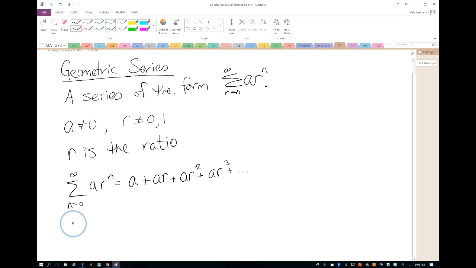So this series converges if the absolute value of r is less than 1. And it's pretty easy to see why. If we have any hopes at all of this sum eventually stopping somewhere, then these terms have to go to 0.